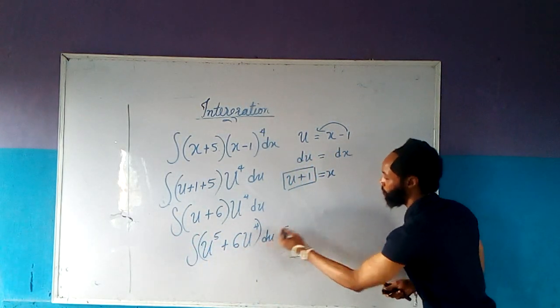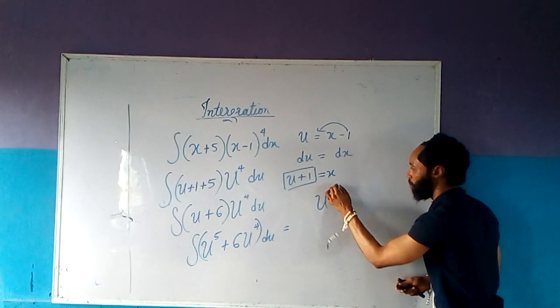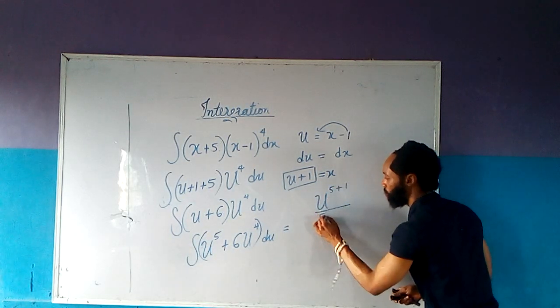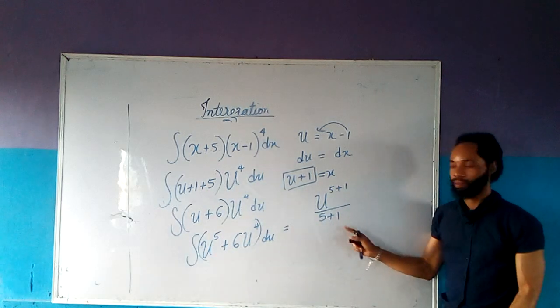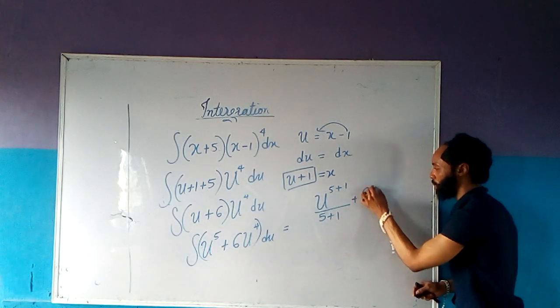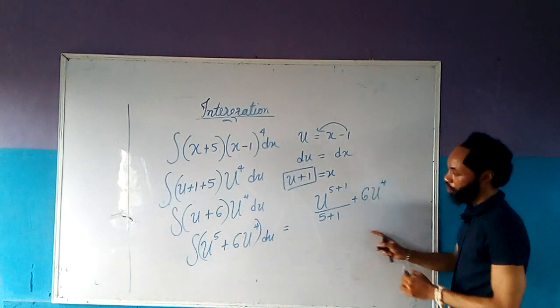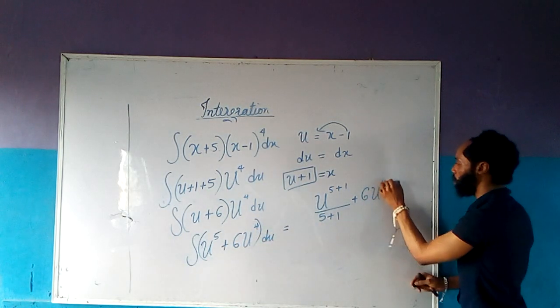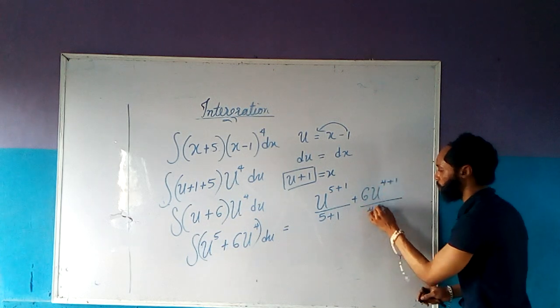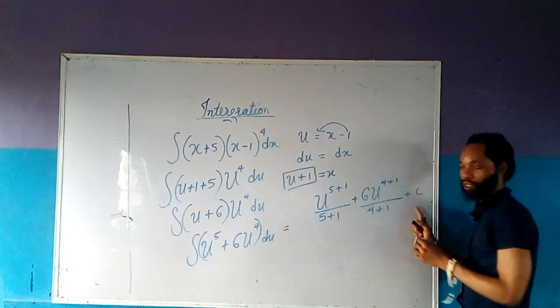Let's start. Integrating u raised to the power 5 gives u raised to the power 5 plus 1 over 5 plus 1. Then 6u raised to the power 4 gives 6u raised to the power 4 plus 1 over 4 plus 1, plus a constant of integration.